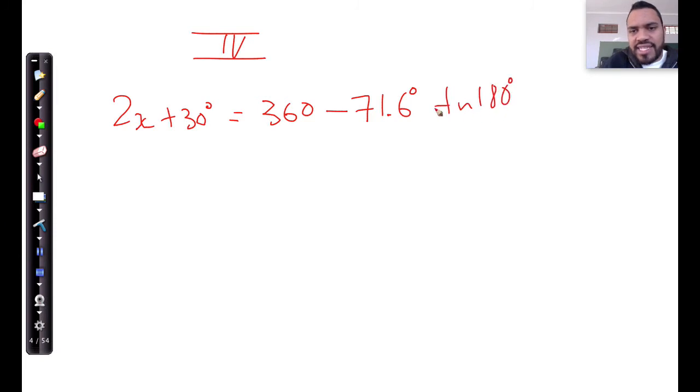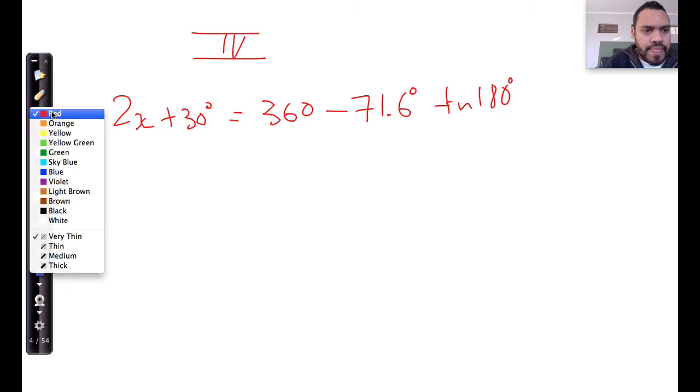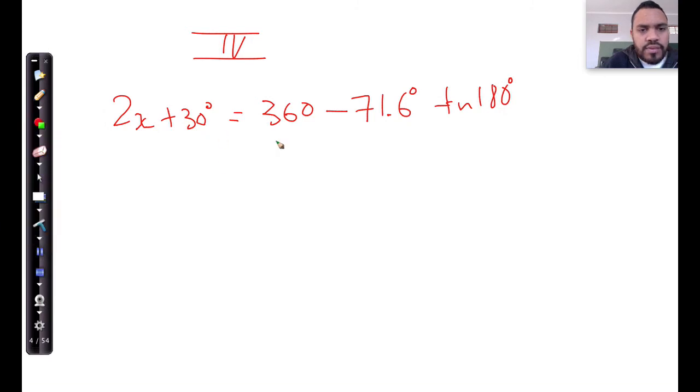Now it's 180 because I'm dealing with tan. So now we can simplify this: 330 minus 71.6 gives me 258.4 degrees, plus n times 180. And I still have 2x on this side.